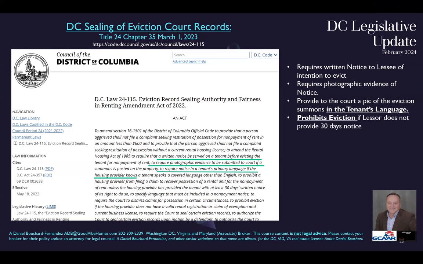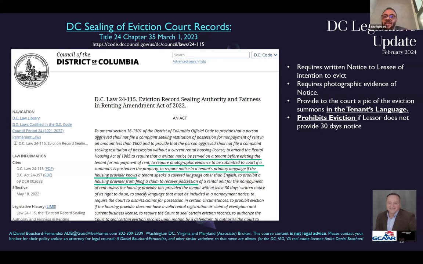It prohibits the eviction of a lessee unless the lessor provides 30 days' notice. So the written notice must be given more than 30 days before the filing can begin on the eviction proceeding.